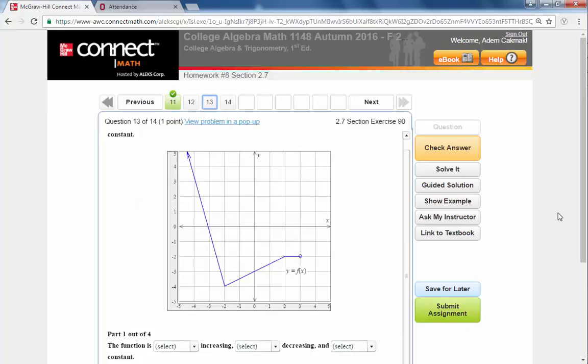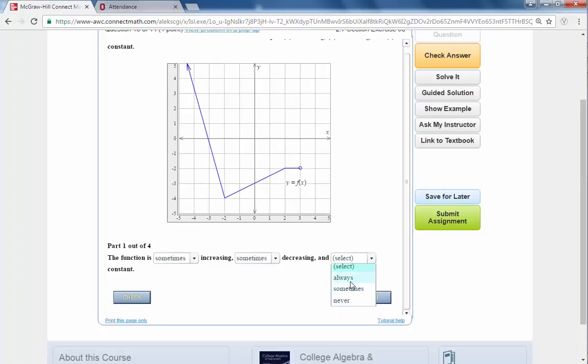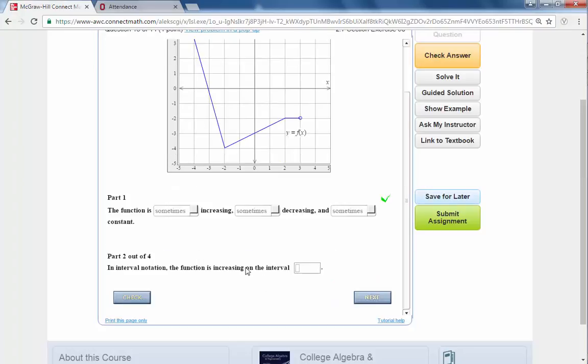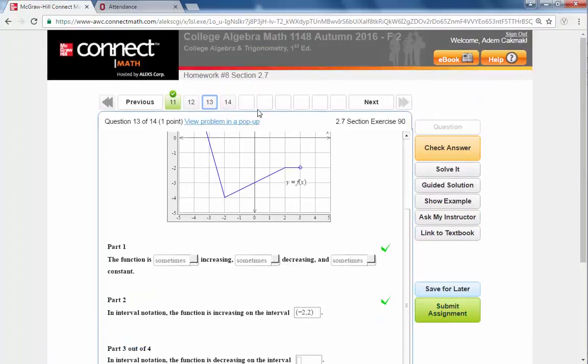You need to first do a check of the parts. It says sometimes increasing, sometimes decreasing, and sometimes constant. The increasing part was -2 to 2, right? Check. Okay, I think we're good.